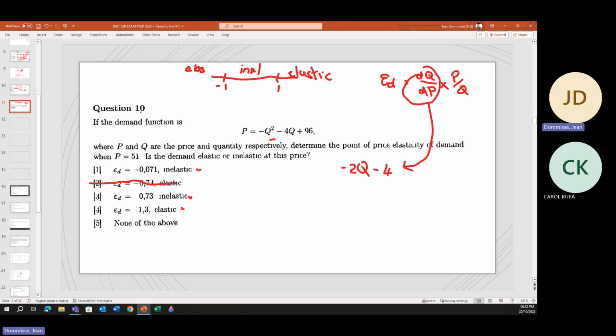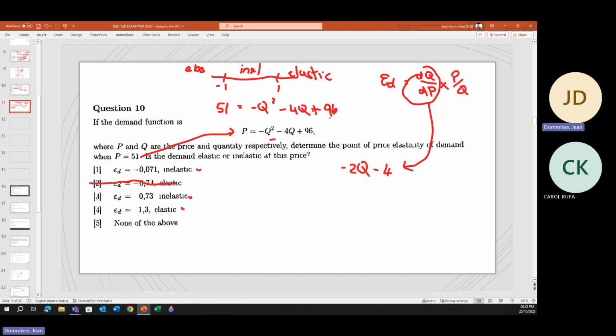Okay, we now first needed the point of elasticity. So we first needed to put 51 into this equation. So that is P. So we first needed to say 51 is equal to minus q squared minus 4q plus 96.